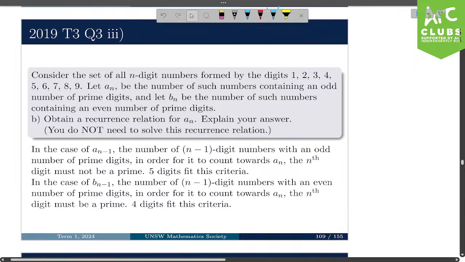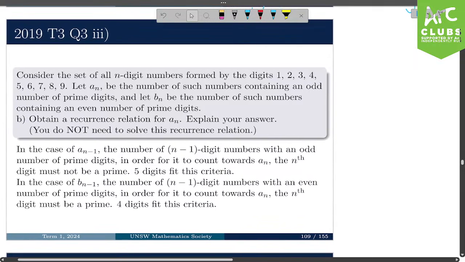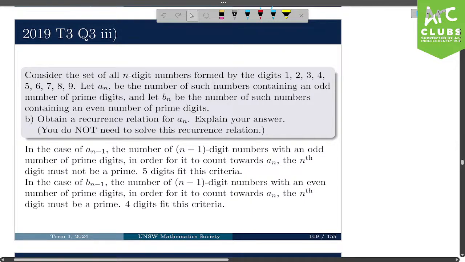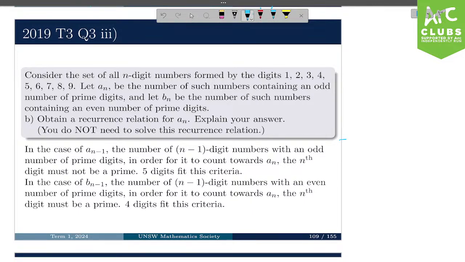Now we consider the other case. What if the first n minus 1 digits had an even number of prime digits? So boom, boom, dot, dot, dot, boom, boom. There's n minus 1 digits here, and we have the nth digit here. How many ways are there of having an even number of prime digits in your first n minus 1 digits?